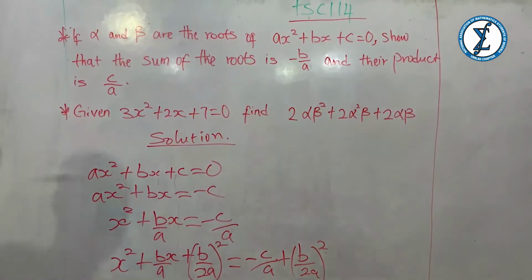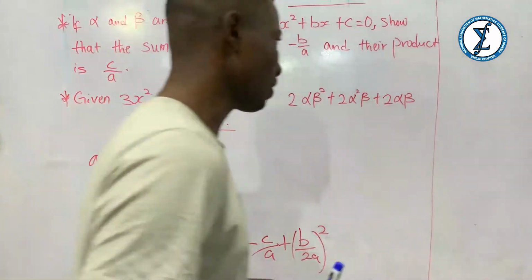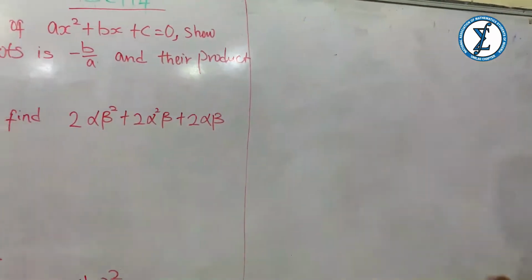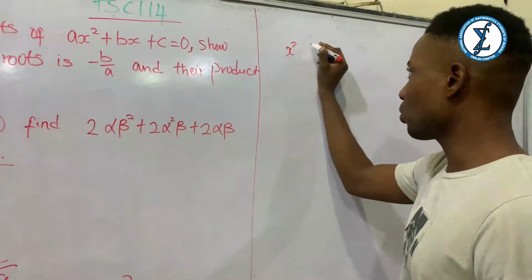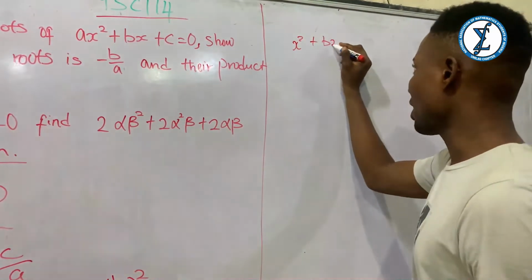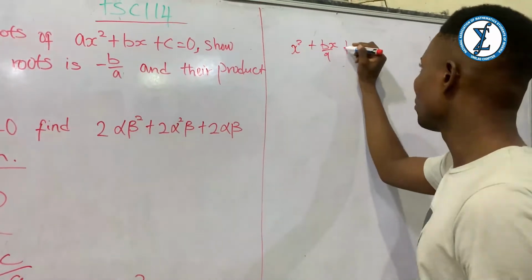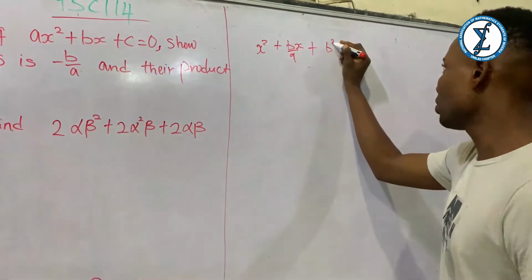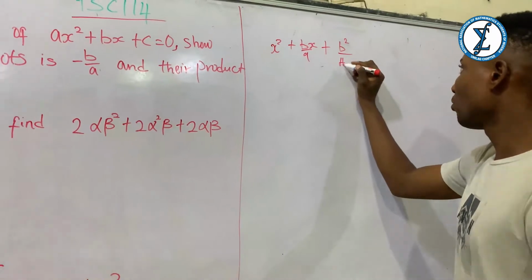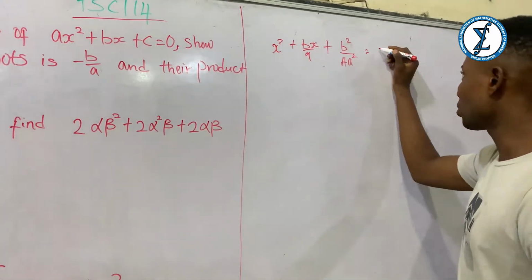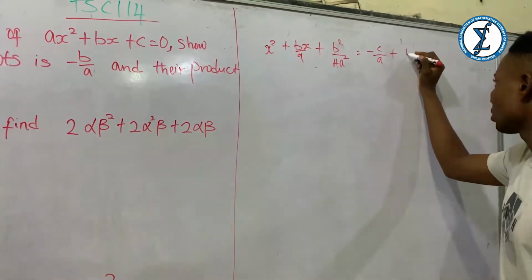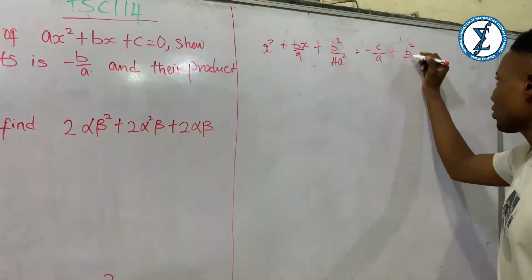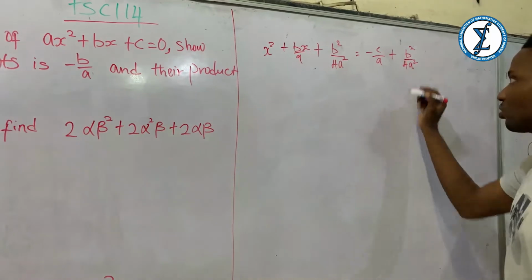So I have this. Let's quickly move to the other side. Okay, so if I have this, I can say x squared plus bx over a plus b squared over 4a squared is equal to minus c over a plus b squared over 4a squared.